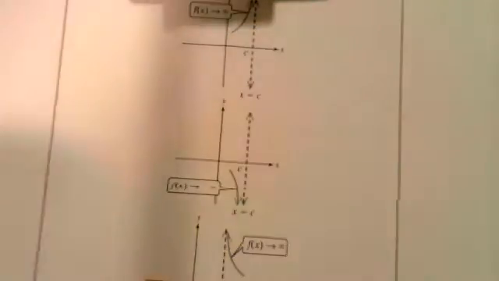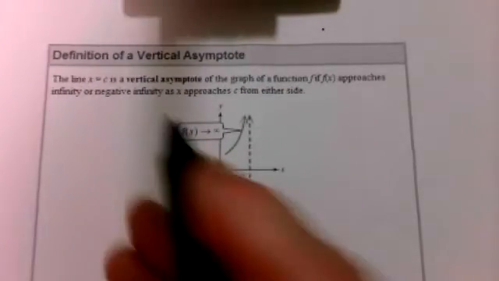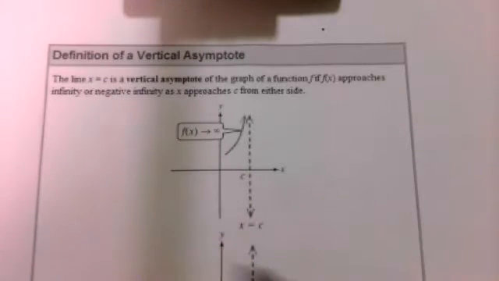This is just a picture of vertical and horizontal asymptotes. Okay, so this is the line x equals c.